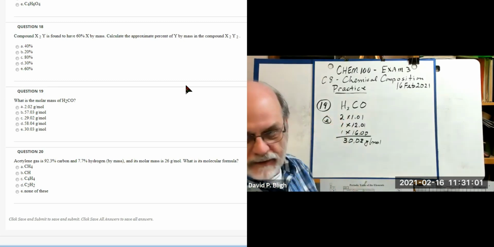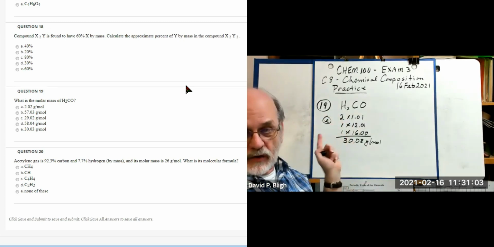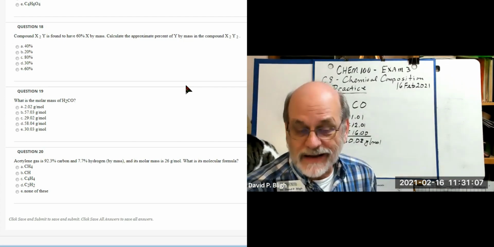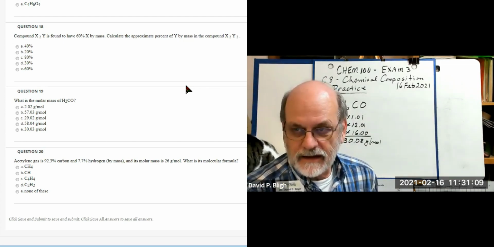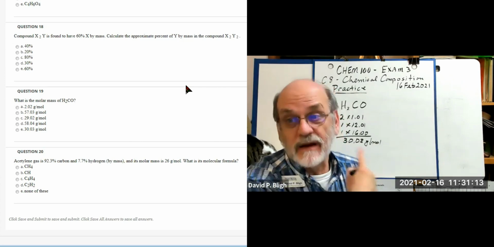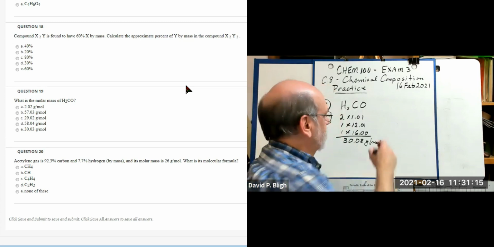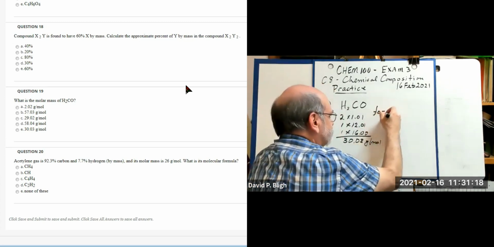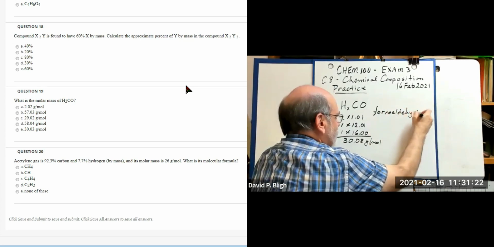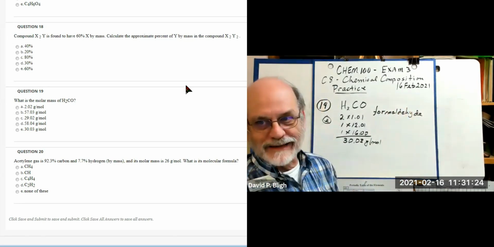By the way, that is a real molecule. In fact, if you've ever worked in or had a class in an anatomy lab of any kind, you will have smelled that molecule. That is formaldehyde.